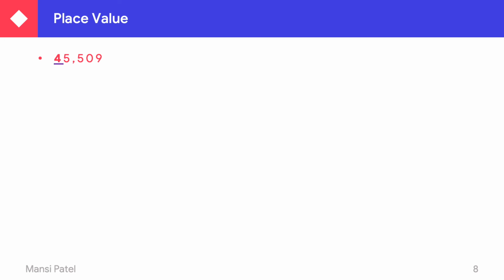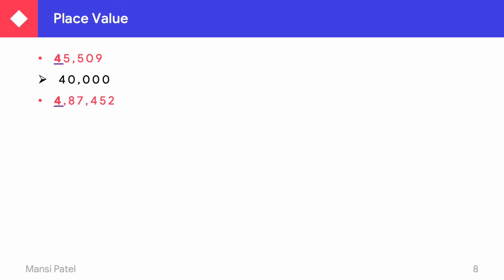In this underline below 4. So you have to write down the place value of 4, and the place value of 4 is 4 in the group of 1000 but under 10,000. So 40,000, that is the answer.